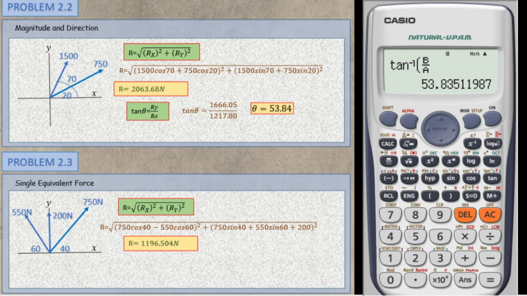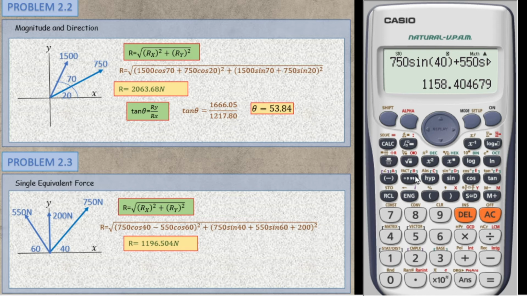For the equivalent single force, I will just use our calculator first. So 750 cosine 40 minus 550 cosine 60. We store it at A, and then 750 sine 40 plus 550 sine 60 plus 200.